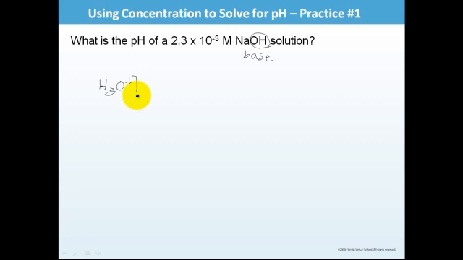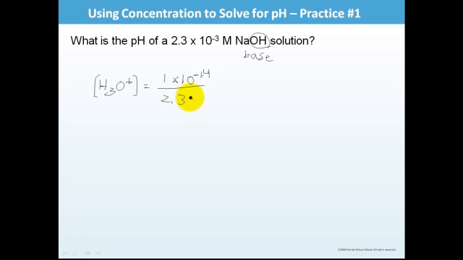All right, so going back to our previous screen, we do that by taking the 1 times 10 to the negative 14 and dividing it by the hydroxide ions.